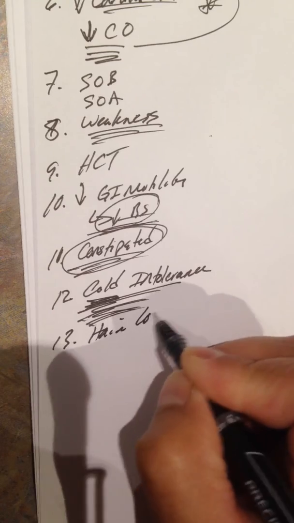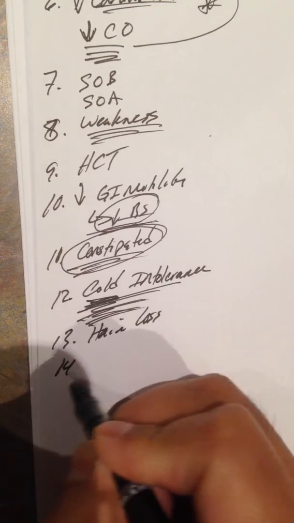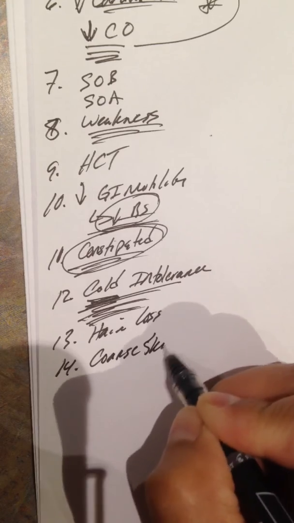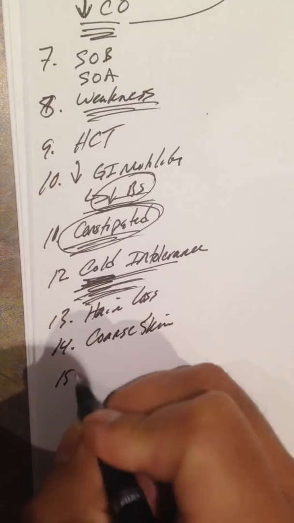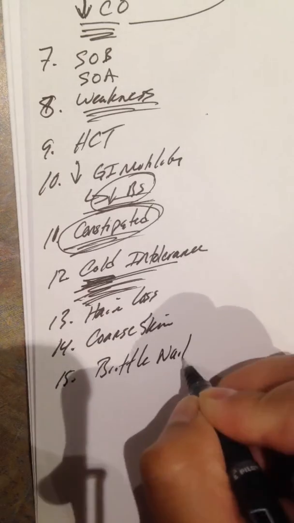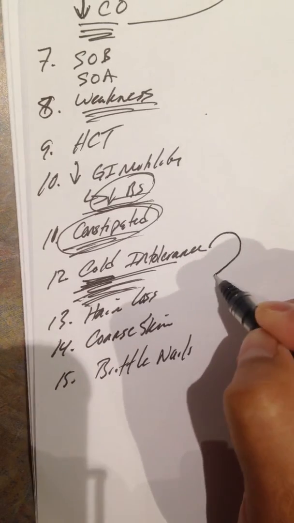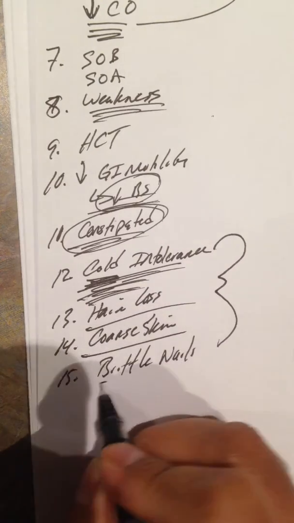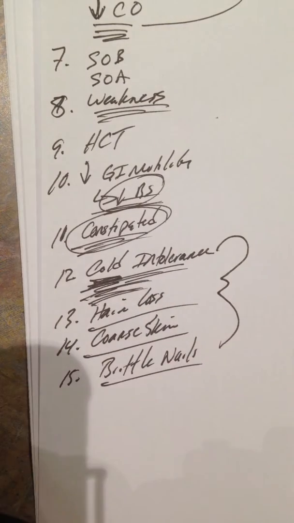These will also suffer from hair loss, coarse skin, brittle nails. Make sure you know these for the NCLEX. Cold intolerance, hair loss, coarse skin, brittle nails, because you may get a select all.